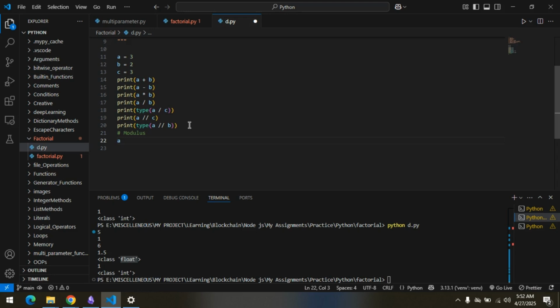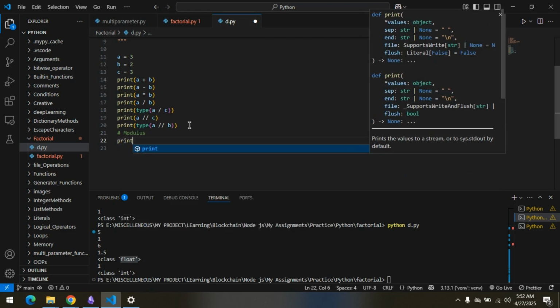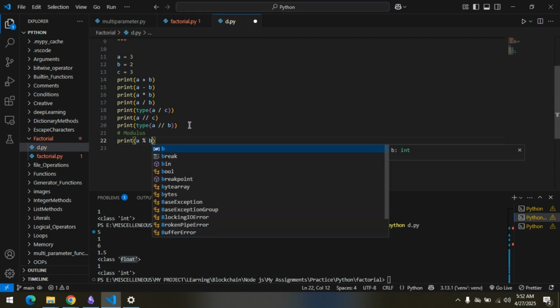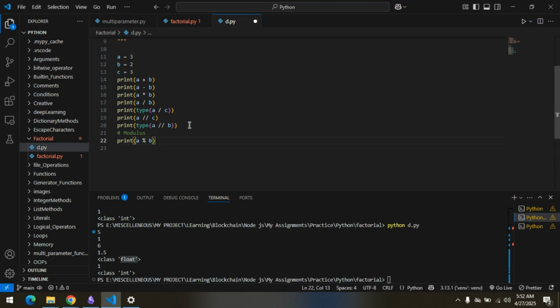Now modulus. You use a percent sign to determine the modulus of A and B. What this does is that it divides the two numbers, like A divided by B, and then it gives you the remainder.